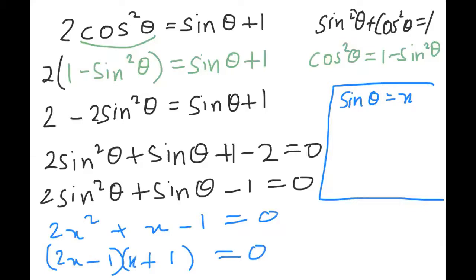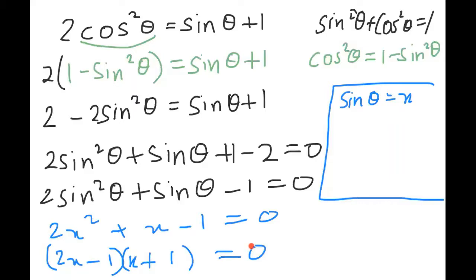So what I have done here, I just said I'm going to make sine theta equal to x. So this sine squared theta is now x squared, and this sine theta is only x. Then you just have a simpler thing to work with to factorize. And now that you factorize, you have this answer.